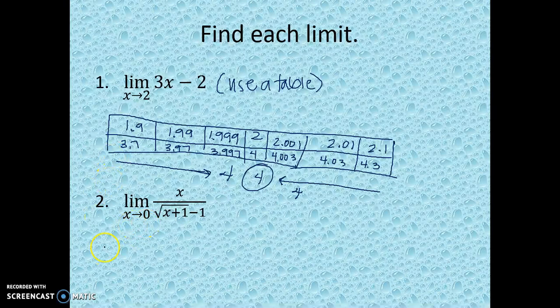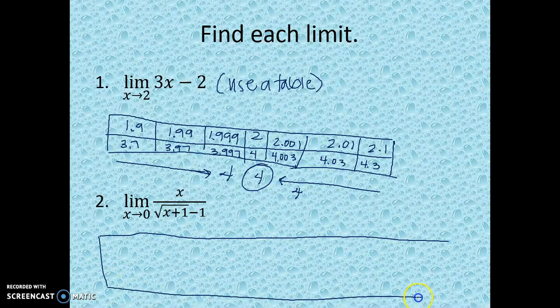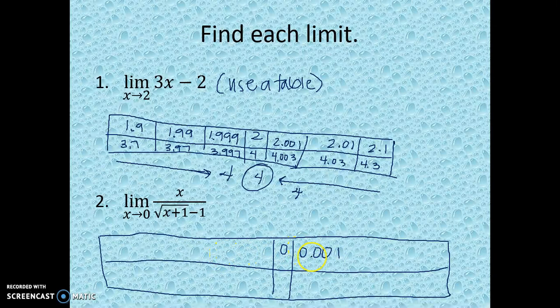For this one, I'm doing the limit as x approaches 0 of this lovely function. So the center of your table should be 0. A little bit more than 0 would be 0.001.